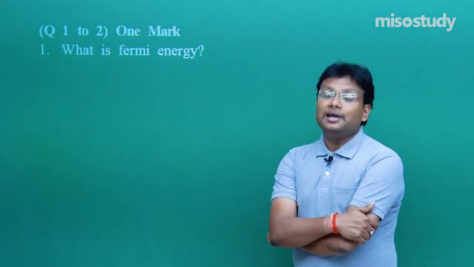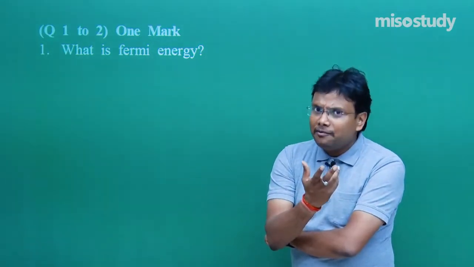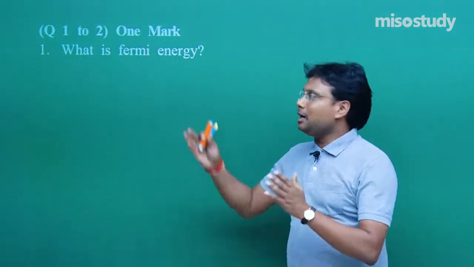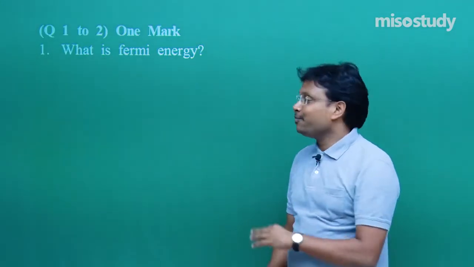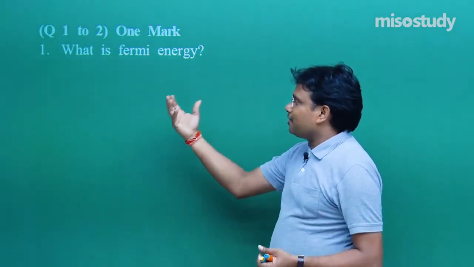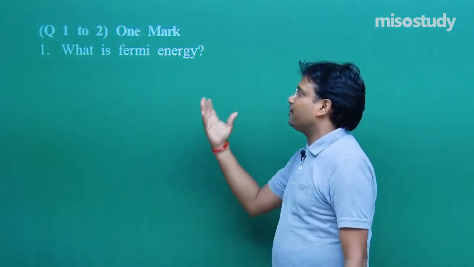But yes, then this question may come in mind, what is Fermi level itself? So, I thought let us pick this question, and with the help of this question I will define basically these two things. Fine.